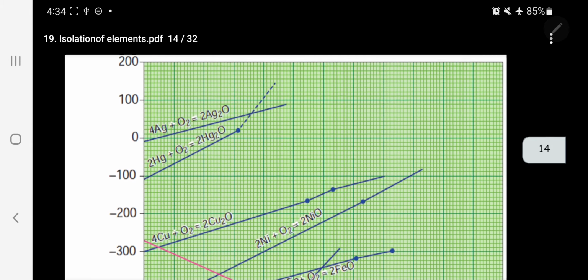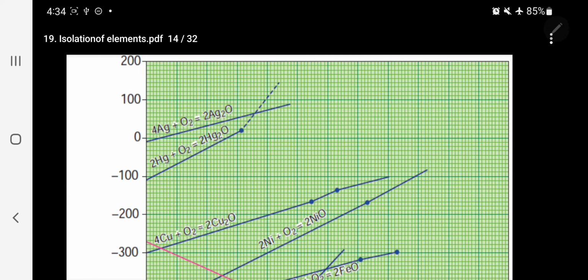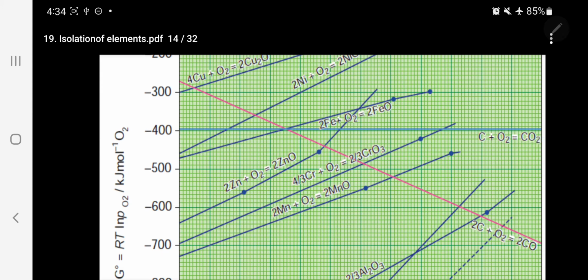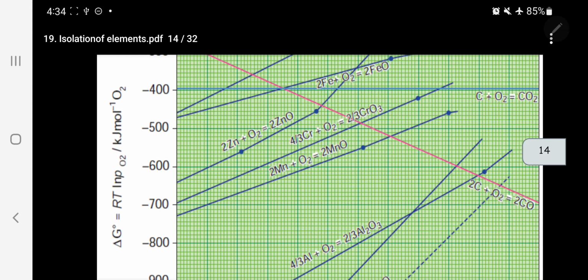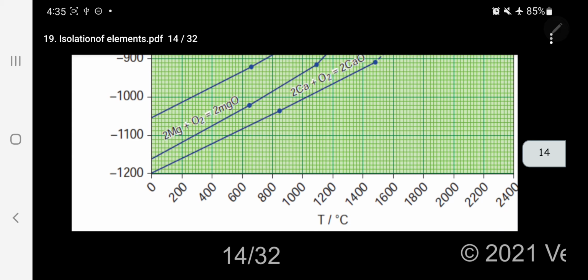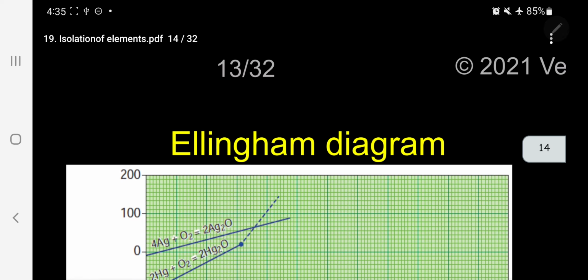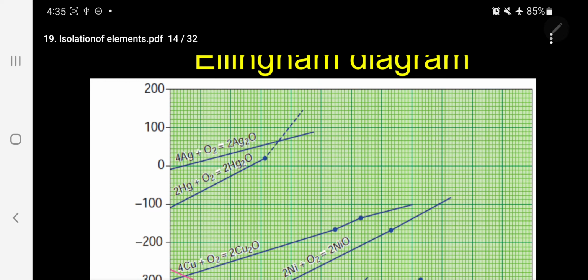ΔG° is plotted versus the temperature, in degree centigrade. We are getting different curves. The first at the top in the list is silver: 4 silver plus oxygen gives 2 silver oxide. It is moving upward. Then the next ones go from plus 100 to 0 to minus, like that, in the ΔG° value.